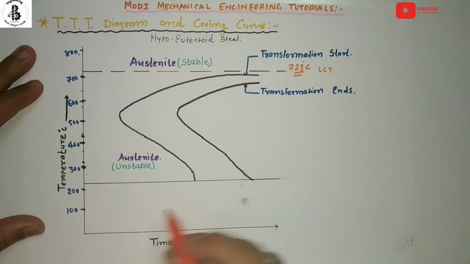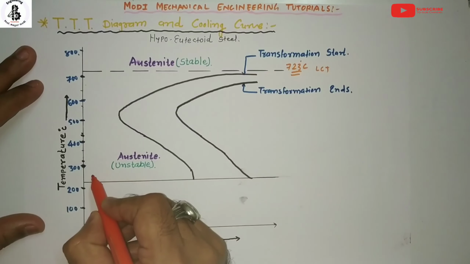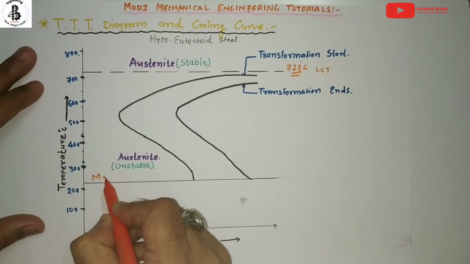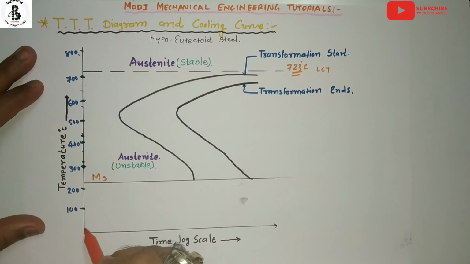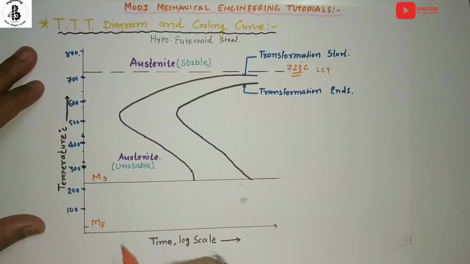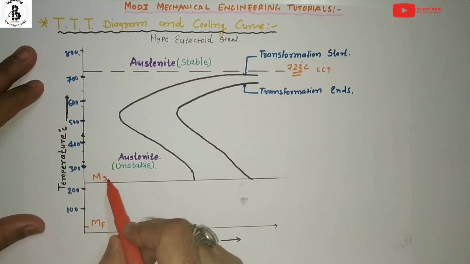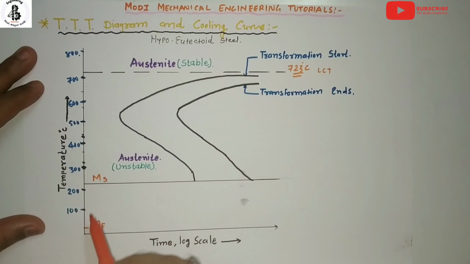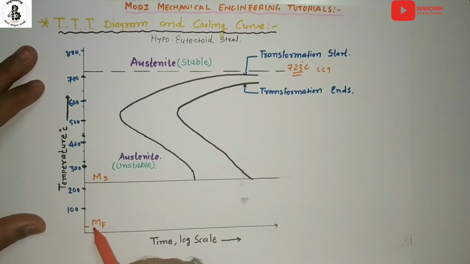This horizontal line is the representation of the starting of martensite, and up to this is the finish of martensite. That is Ms, the indication of the start and finish of martensite.